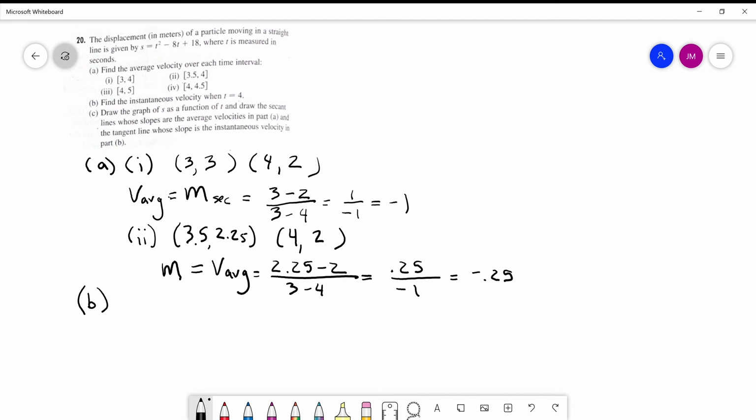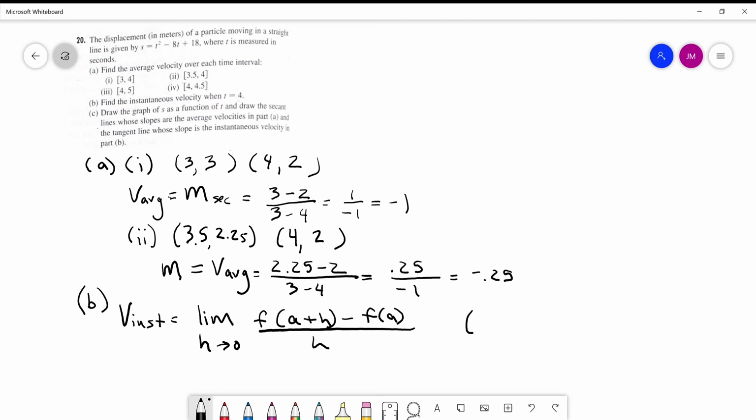So to find my instantaneous velocity, I am going to use the limit as h approaches 0 of f of a plus h minus f of a, all over h. And we are looking specifically at time equals 4.